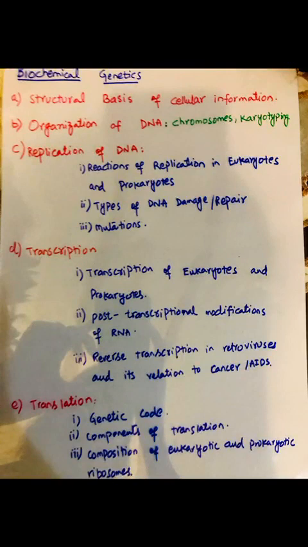One is known as the DNA and the other is known as the RNA. And whenever these structures are arranged in the cell, they are arranged in the form of DNA in case of eukaryotic systems. And RNA is also present in many other species. So the structural basis of cellular information is the DNA and RNA.